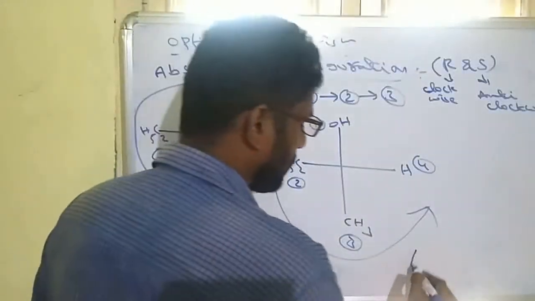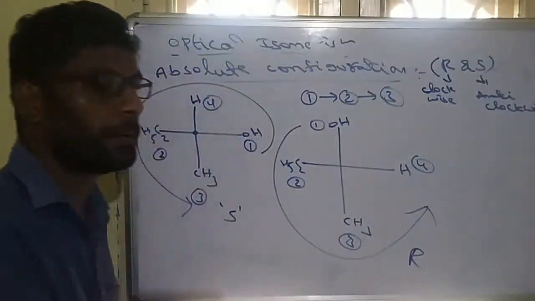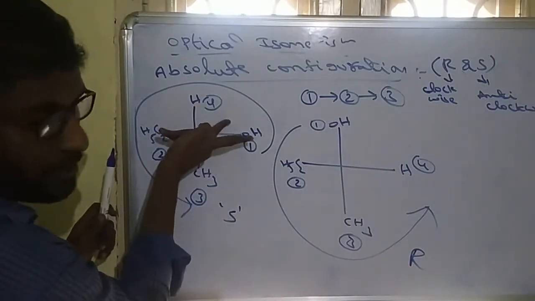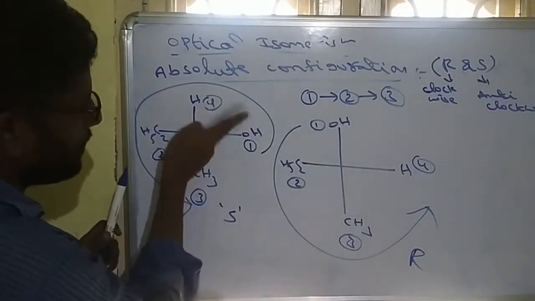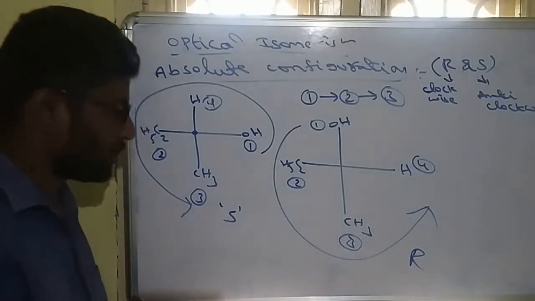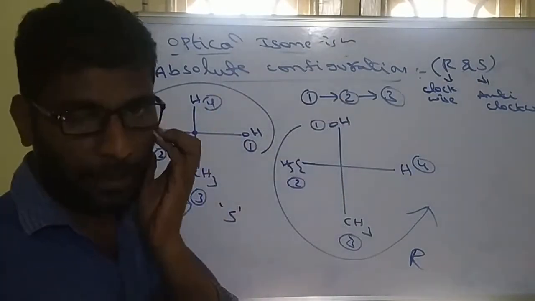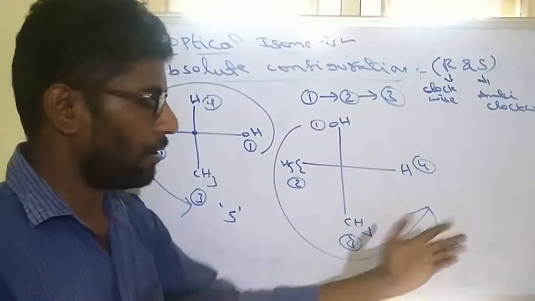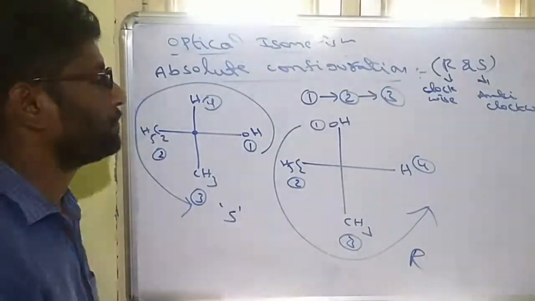That's why the answer will be opposite. So here the answer is R. In this molecule, just these two were exchanged, H and OH. Due to the exchange, the configuration changes. Simple. So remember, the least priority must be in the vertical bond, then no change. If it is not in the vertical bond, the answer will be the opposite.